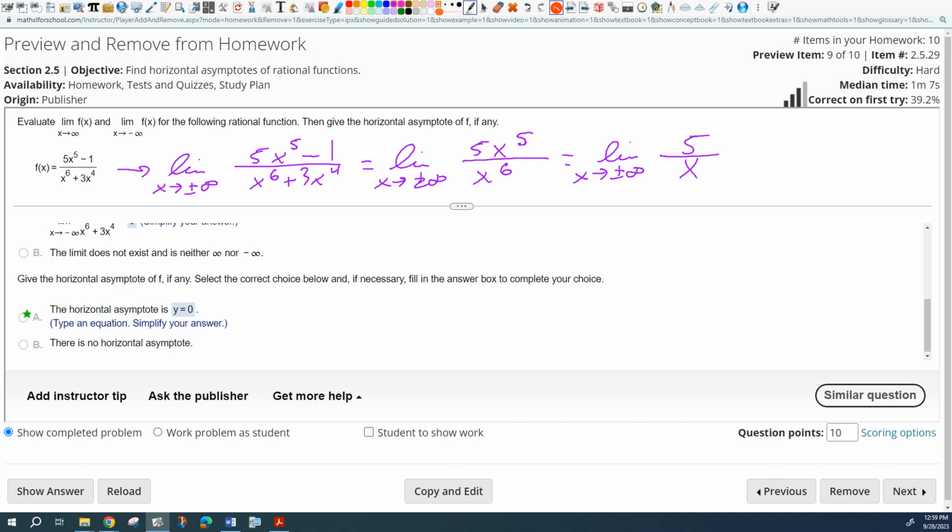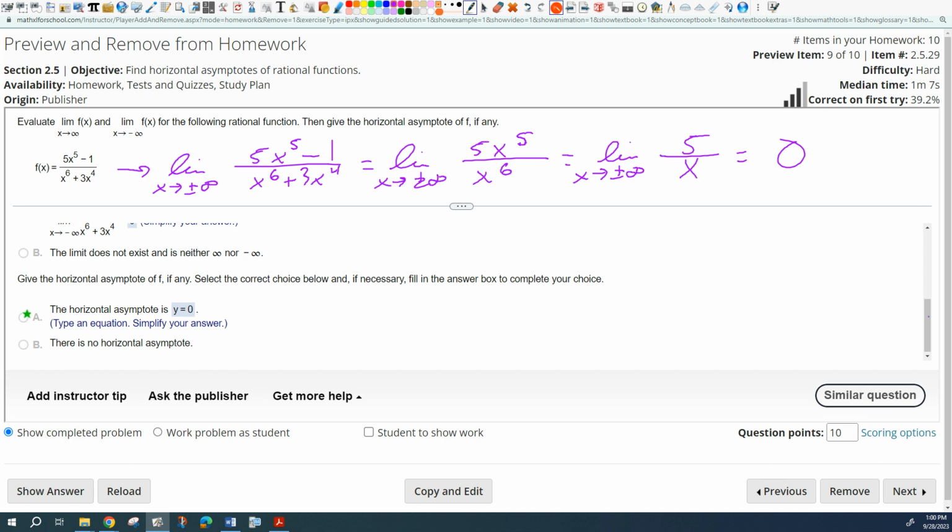What's that going to do? If the bottom explodes and the top is stuck at 5, isn't that just 0? Everybody agree? Think about the behavior of a fraction. If the bottom gets huge and the top doesn't, the fraction goes to 0. Make sense? Okay.